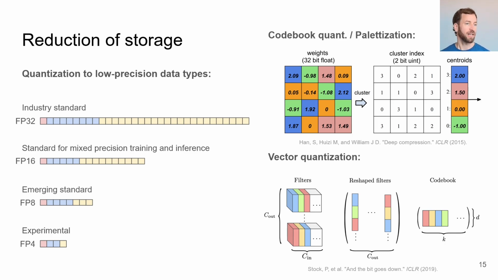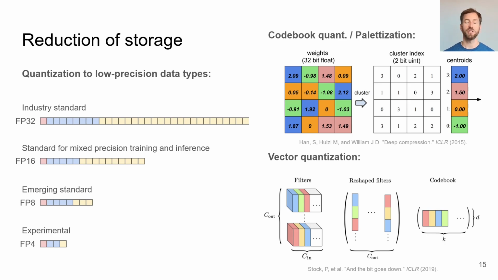The industry standard of general purpose compute, for example, is floating point 32. For AI applications, the standard is FP16 or variants of it. Usually this is then called mixed precision training and inference. Why mixed precision? So for weights and activations, 16-bit data types are used.